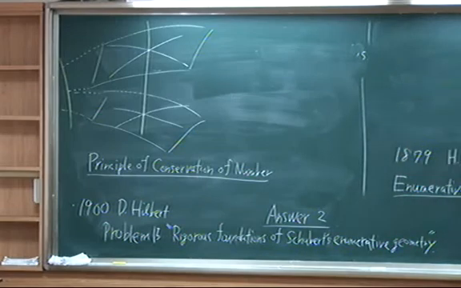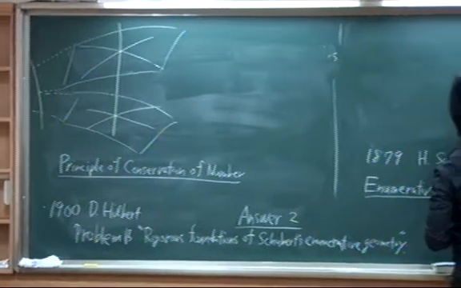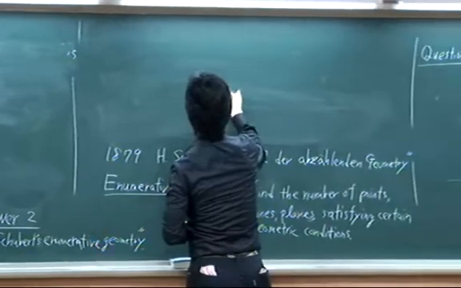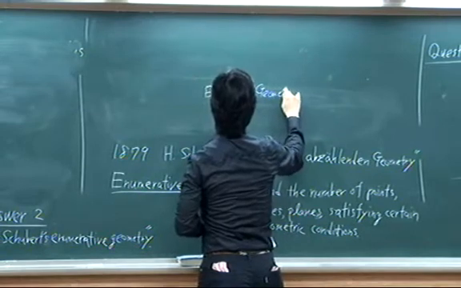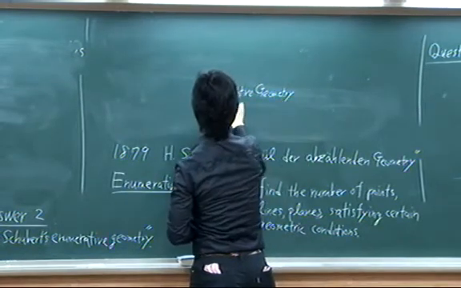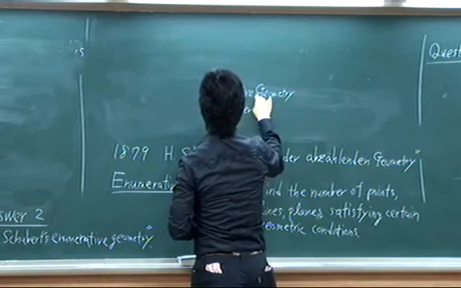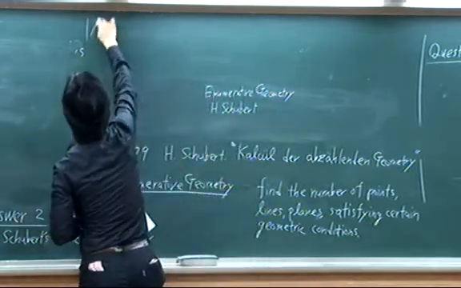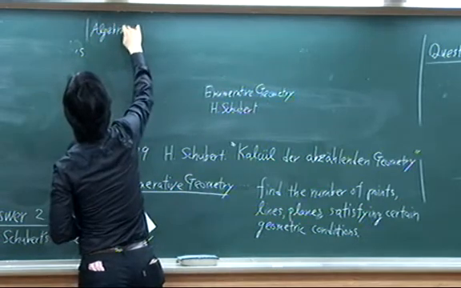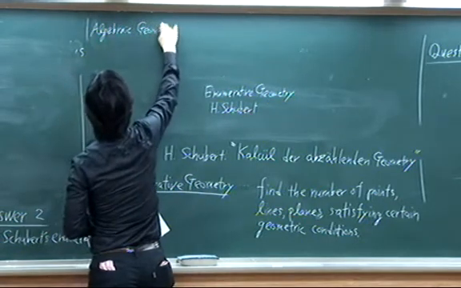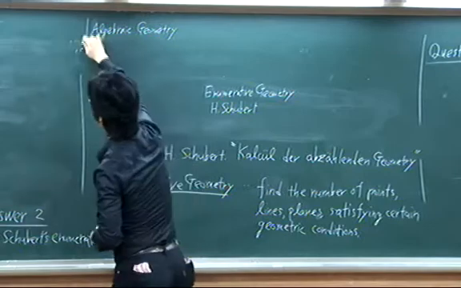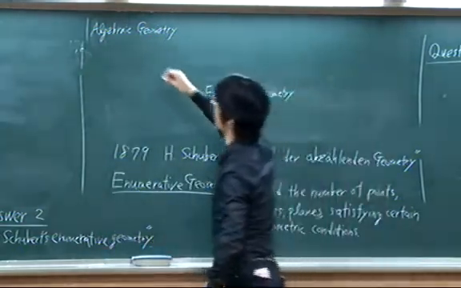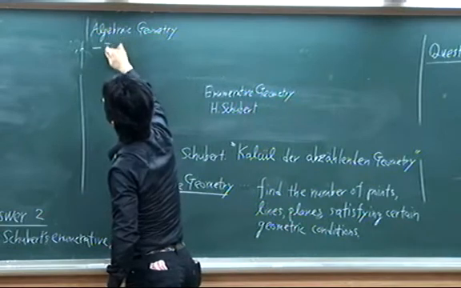So I will show the relationship between enumerative geometry, Schubert, and algebraic geometry. The algebraic geometers established the intersection theory.